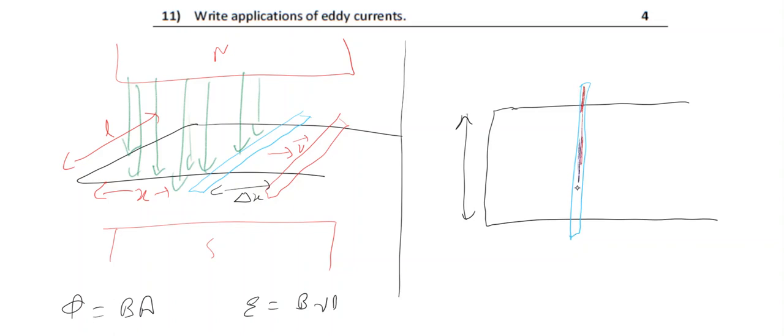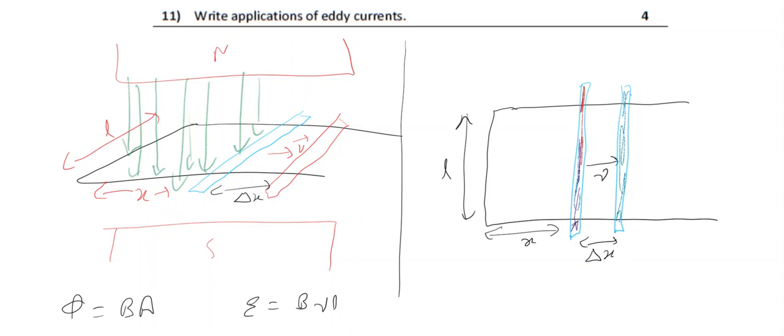So this is the rod, and here is L, this is X, and when we move the rod with velocity V and bring it here, this is the delta x.